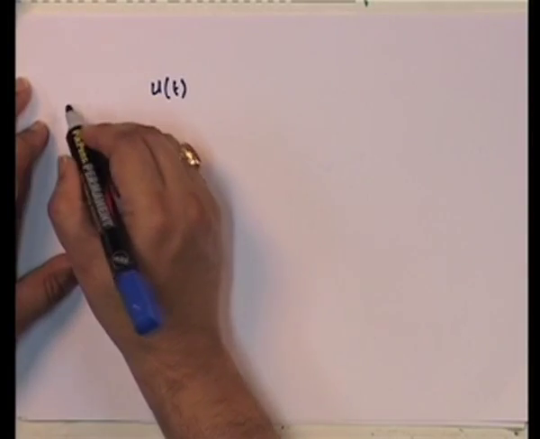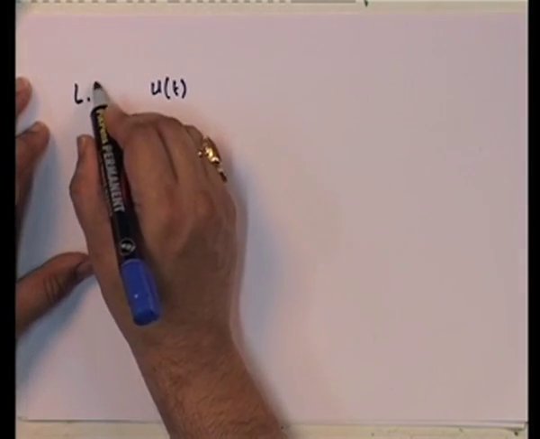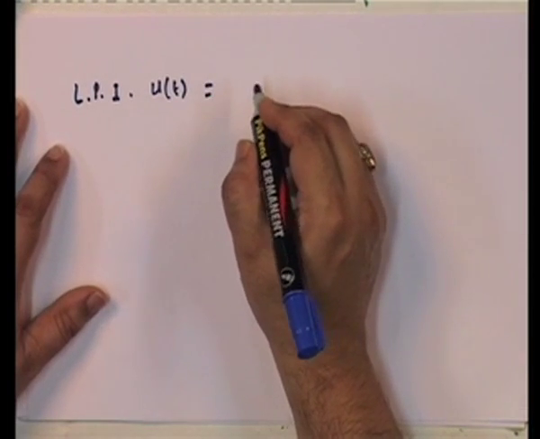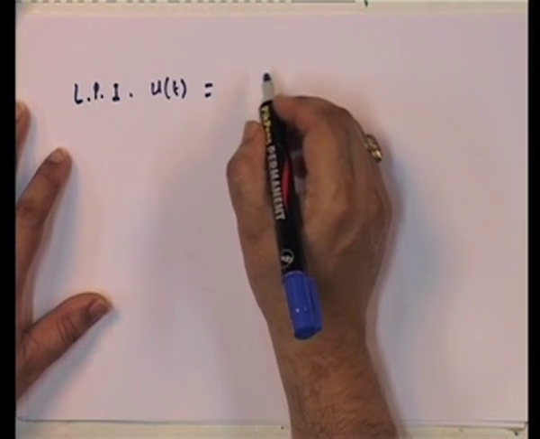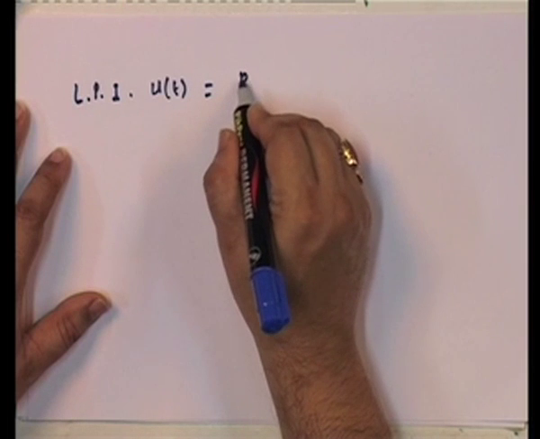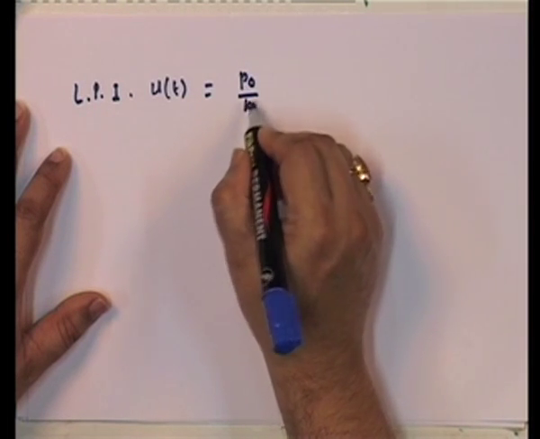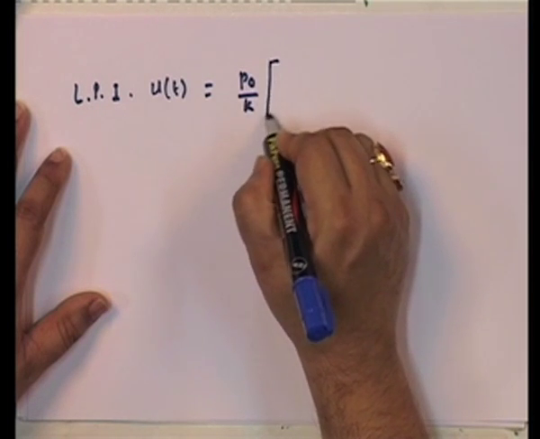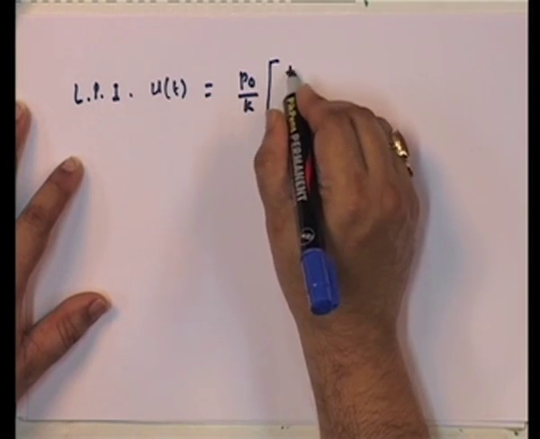And so the solution of the first load phase essentially becomes, u of t is equal to, and I can put P naught upon k outside, and inside I have t.